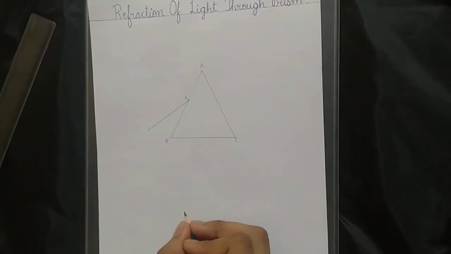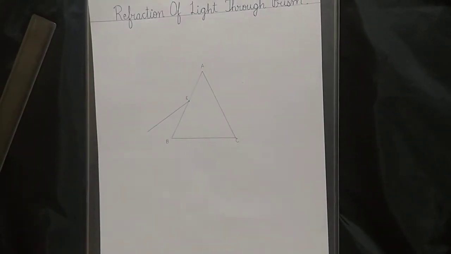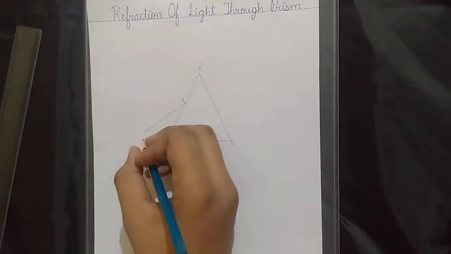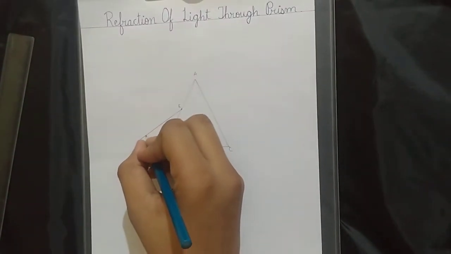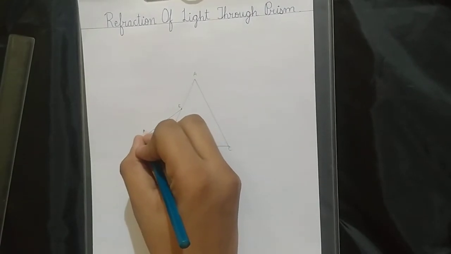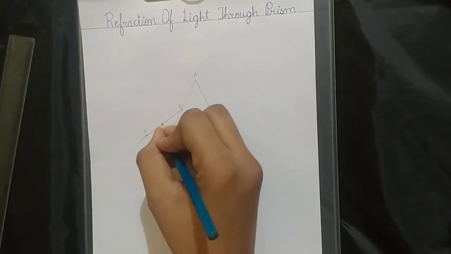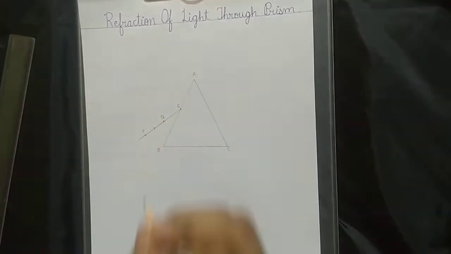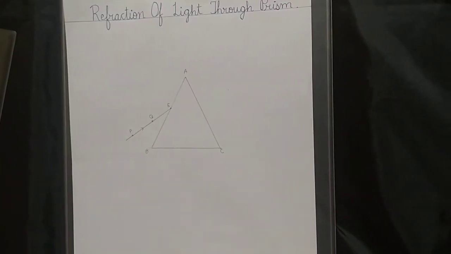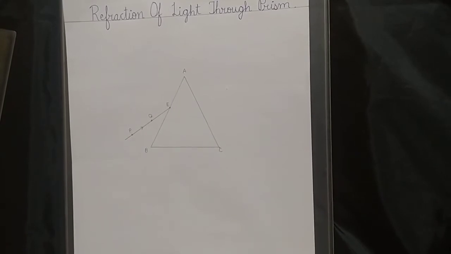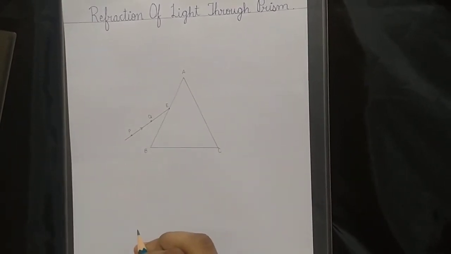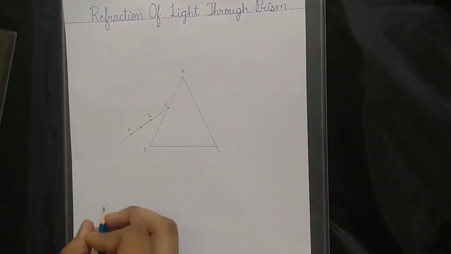Now what they have said is, fix two pins, say at P and Q, on the line PE as shown in figure 11.4. So we'll just mark two points, P and Q. So this ray that we are passing, the ray PE, is called the incident ray. Remember that.